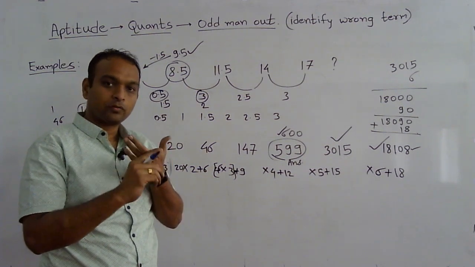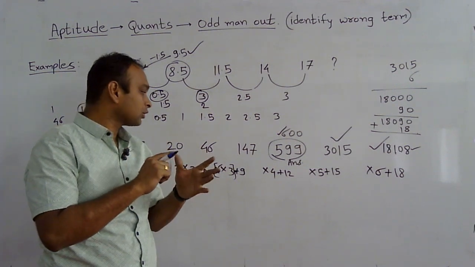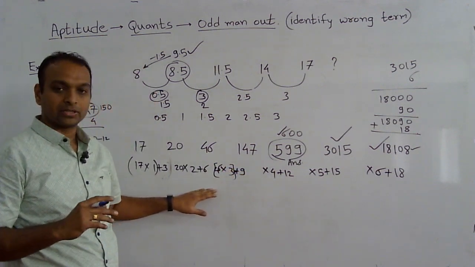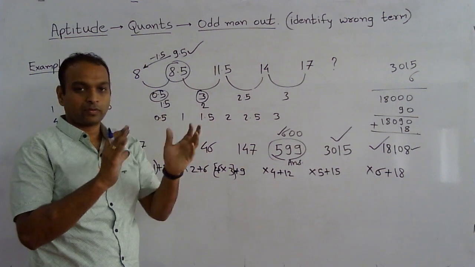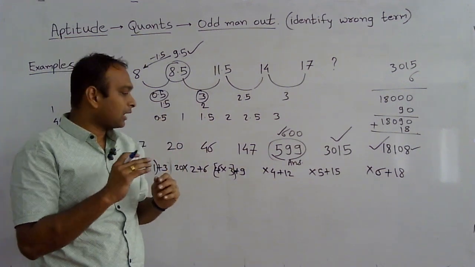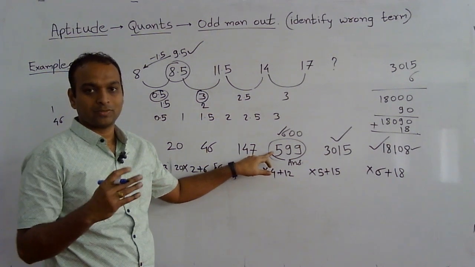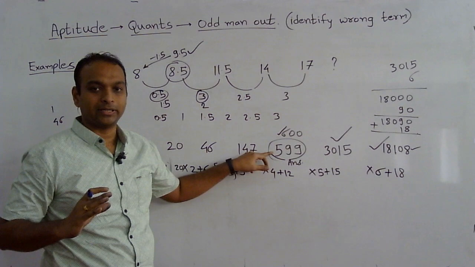If not, then go for multiplication logic. If that is also not the case, go for combination. For example, here we tried combination. And in case of odd man out, we have to find the pattern, and as per that pattern find the odd term. That should be the strategy, and we can say that is the golden tip.